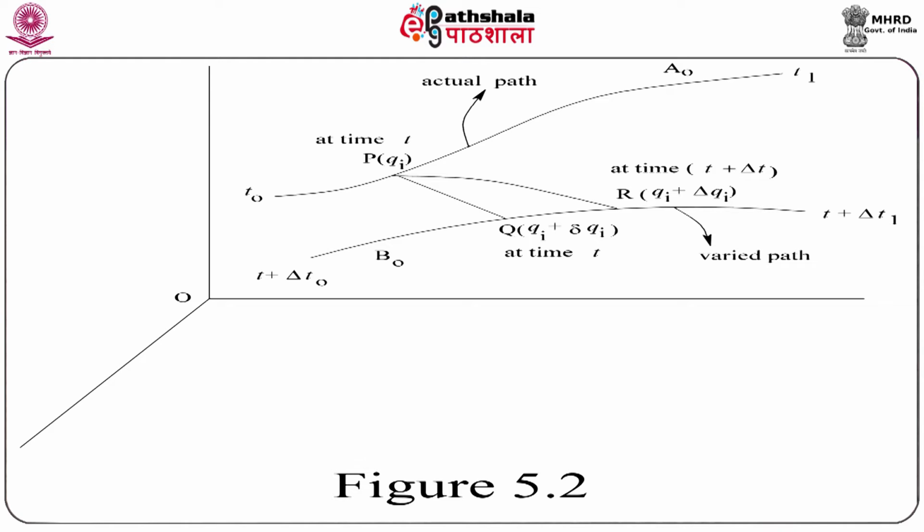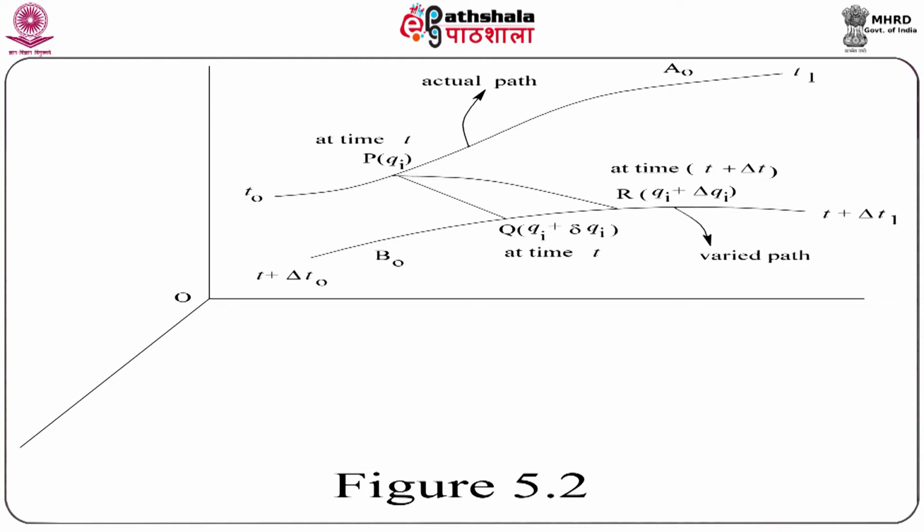A0 denotes the actual path, B0 denotes the varied path. The particle passes through the point capital Q with coordinates small qi plus delta qi on the varied path B0. At the later time t plus triangular delta t, the system passes through the point capital R with coordinates qi plus triangular delta qi on the varied path.